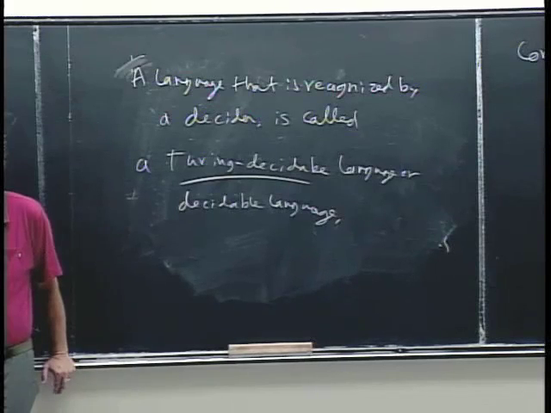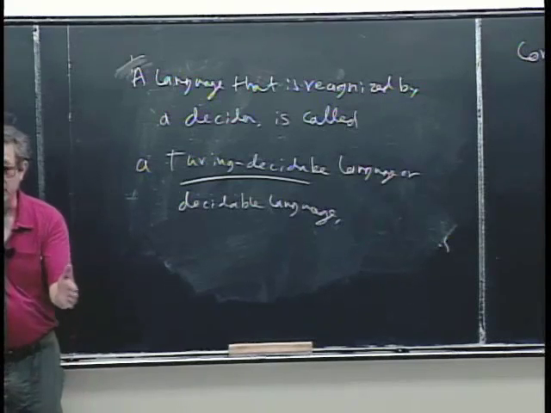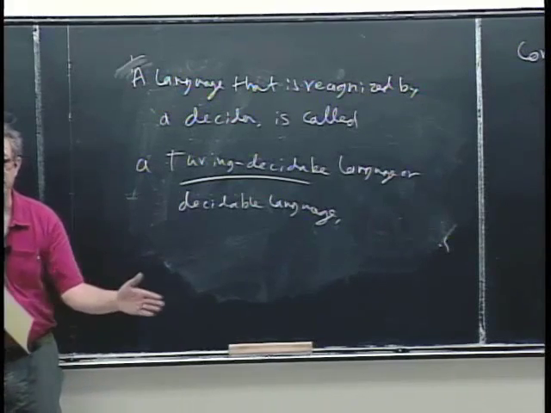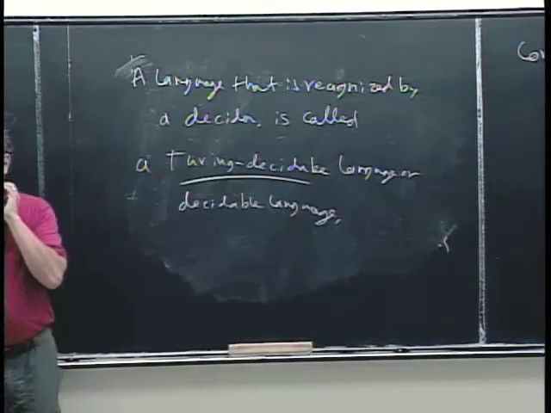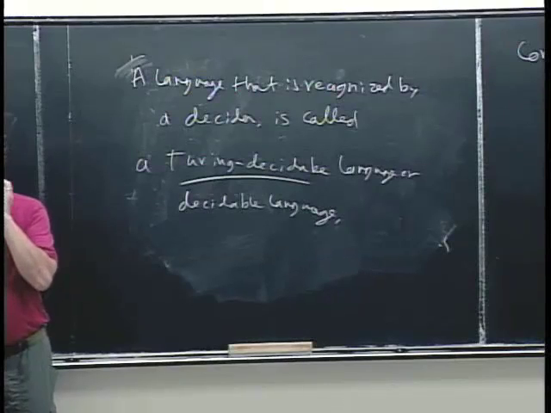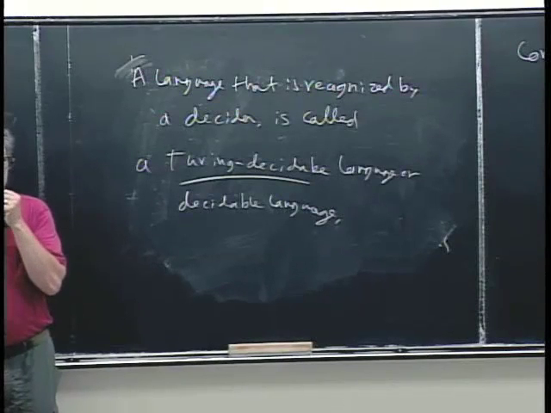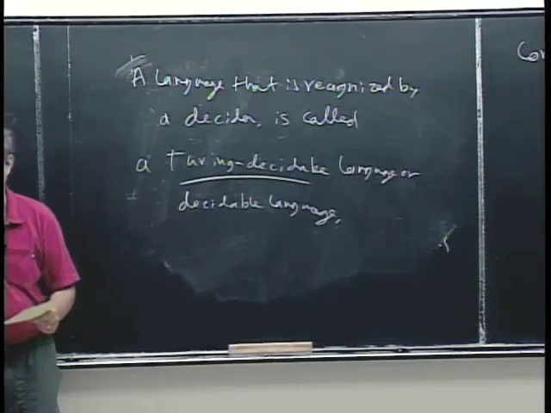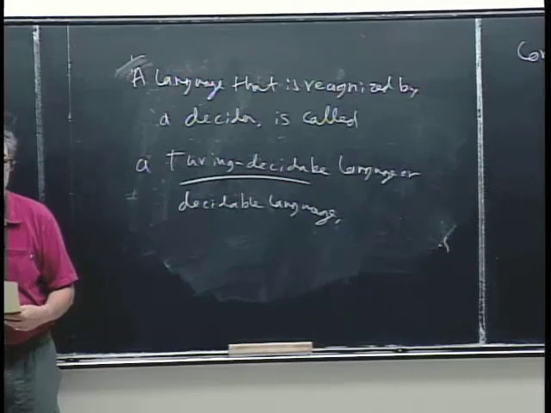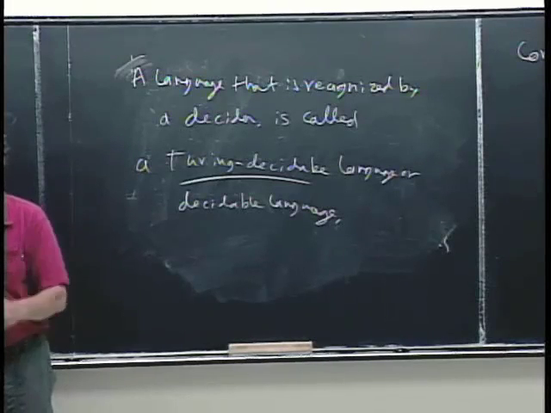And if you don't have a Turing machine that's a decider for that language, and you have a particular input, and that Turing machine just keeps running, you don't know whether it will eventually reject or even eventually accept, or whether it's in some kind of loop and is never going to terminate. Okay? So that's a critical distinction.